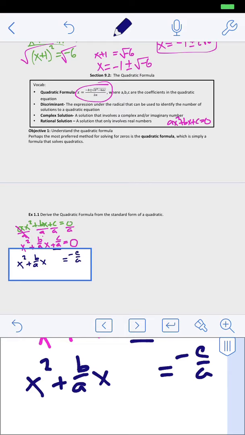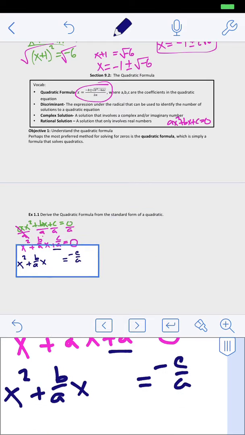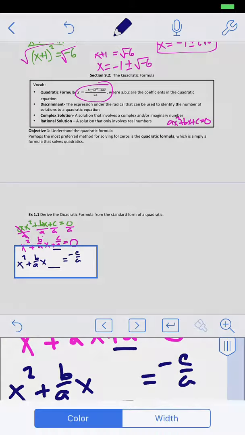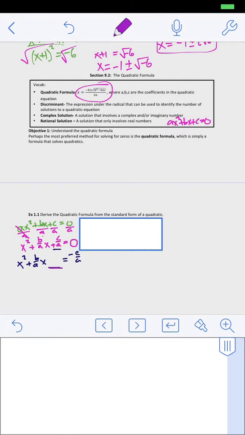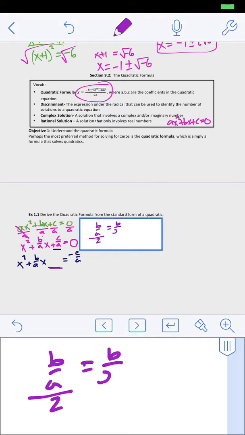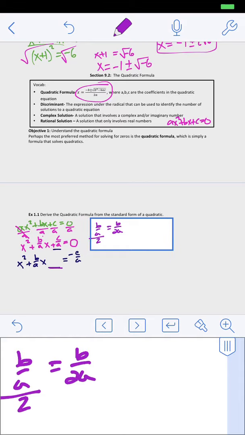Okie dokie. Next, I remember that I had to put in something here. It was whatever was sitting next to the x, b over a, divided by 2, right? Now that's a complex fraction, so I can rewrite this as b over 2a. And then what did I have to do to it?